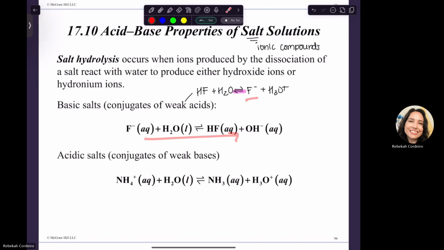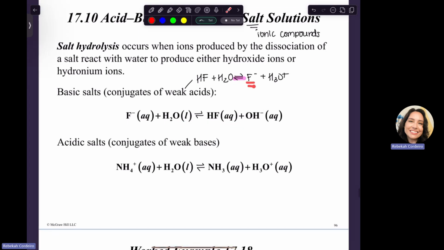Here we go. So we can write the actual reaction of the conjugate base as a base. And this means that if we see F minus, that anion, in a salt like sodium fluoride, for example, that salt would have a basic pH because the fluoride is going to act as a base because it can go backwards because it's the conjugate of a weak acid.